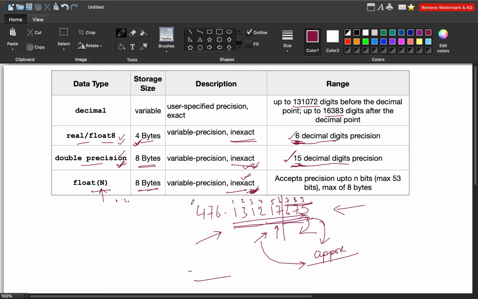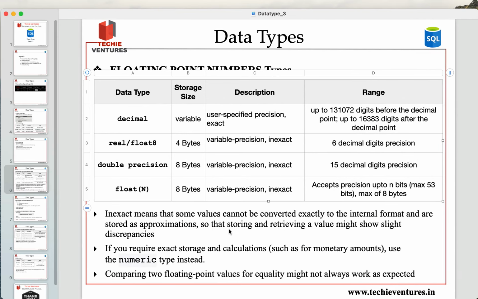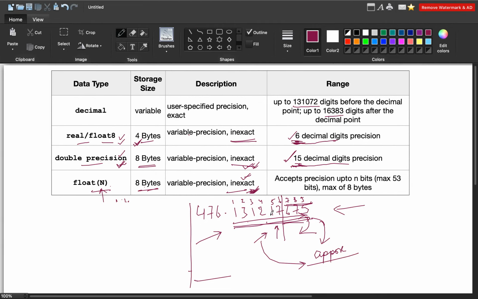Now, when these values are stored as approximations, right, there could be two possible problems. One is storing the values. Sometimes it also shows some problem at the time of sorting. When you see the sorting values, you might see small discrepancies whenever you are sorting or even retrieving the values.